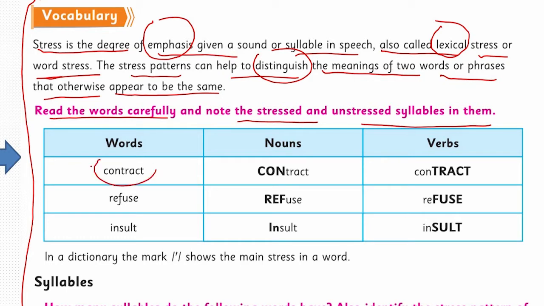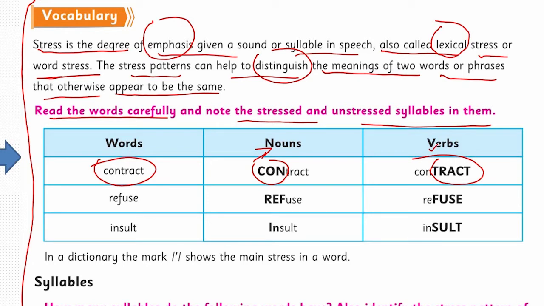There is a word contract. The bold letters here are the stressed ones. C-O-N, con, and the whole word is contract. So here C-O-N is related to the noun category, and here the tract, the bold letters here, the syllable here, is the verb.